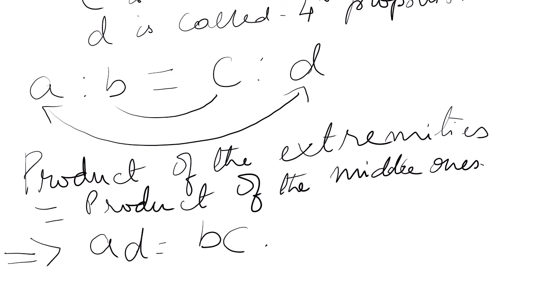So according to this rule, whenever there is proportion, whenever two ratios are equal, then the product of the extremities is equal to the product of the middle ones. That is, if A is to B is equal to C is to D, then AD is equal to BC. So that is the rule that we will follow.